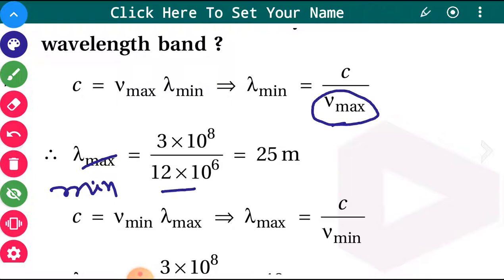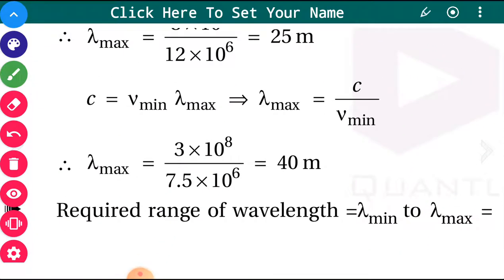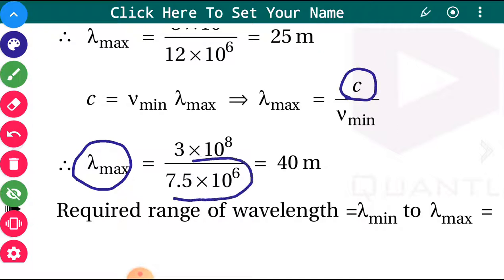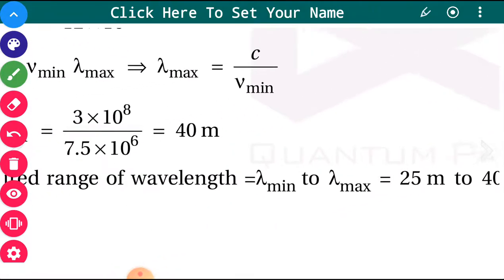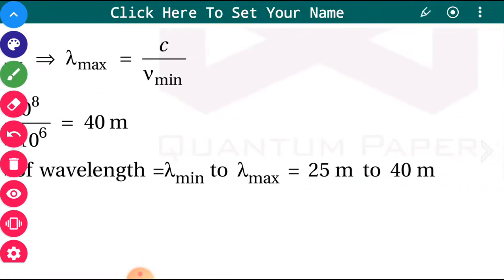So that value is written here and the calculation is done. Then we can calculate lambda maximum. Lambda maximum is c upon nu minimum. The minimum value of frequency is written. That will give you 40 meter. So the range of wavelength is 25 meter to 40 meter.